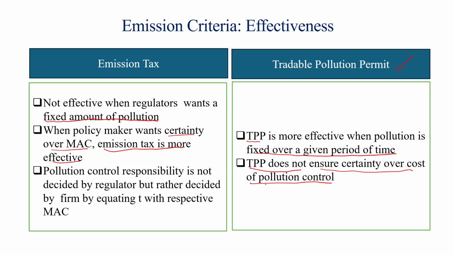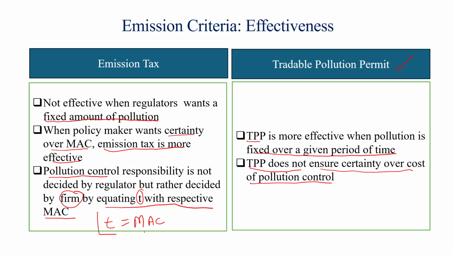TPP cost might be higher than the emission tax system because in the emission tax system, the pollution control is done by the firm by equating the amount of tax T with the marginal abatement cost curve of each of the firms. Right, the firm will abate till T equals MSC, beyond which the firm will prefer to pay tax.